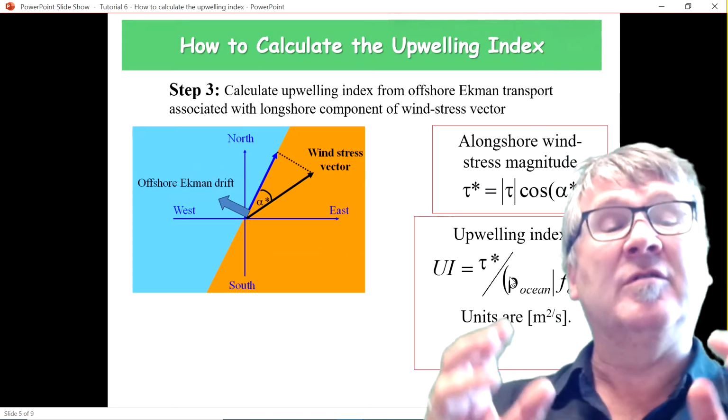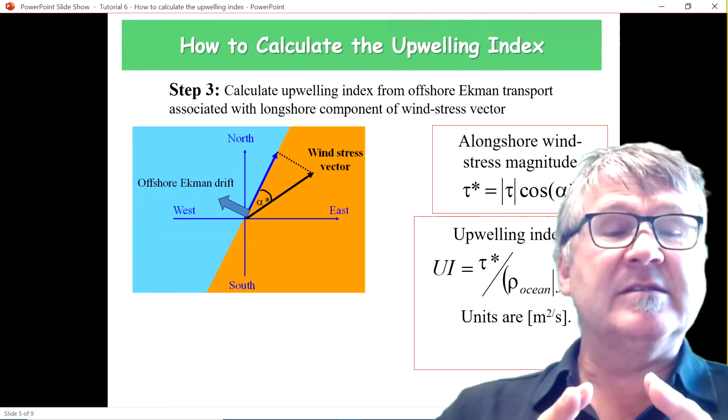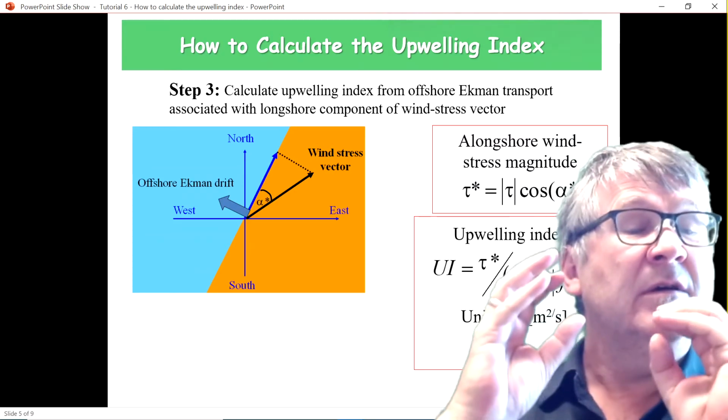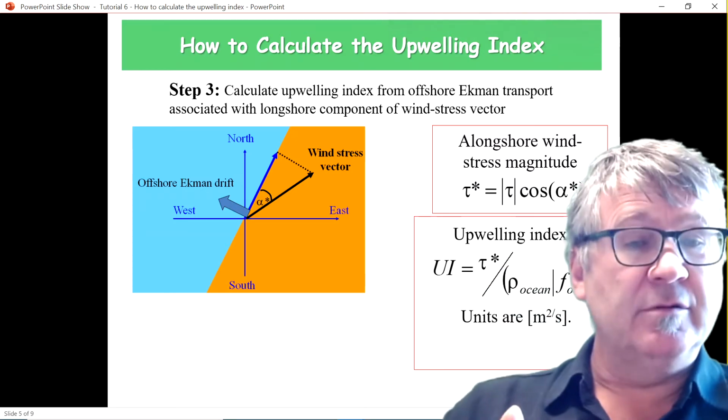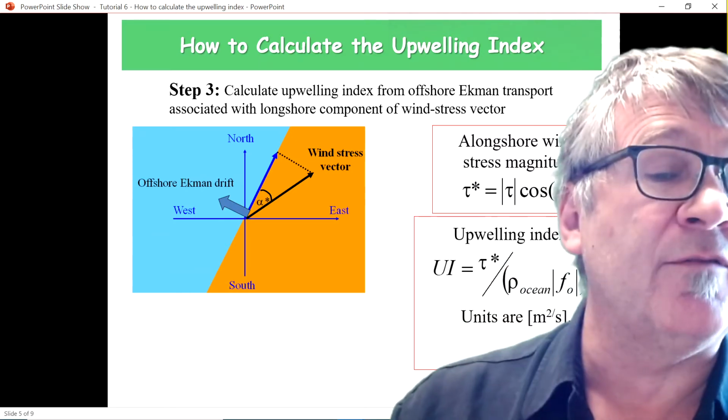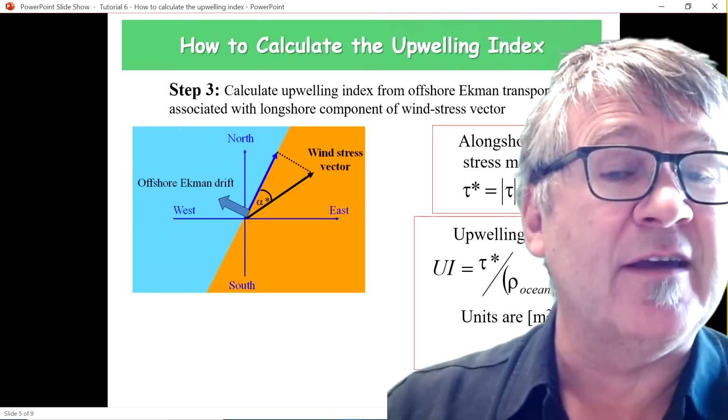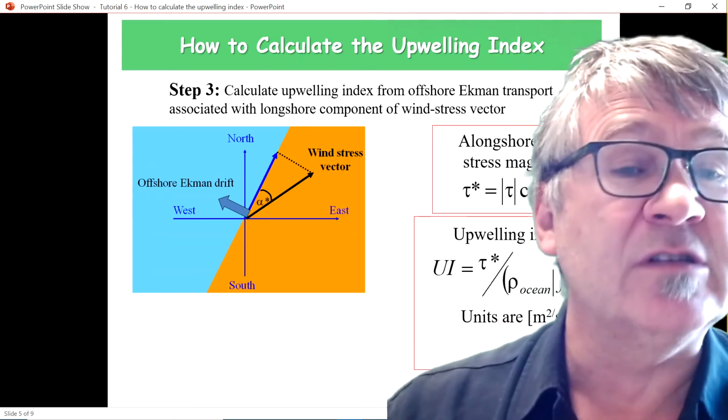So this is how you calculate the upwelling index. You need the wind stress magnitude and the relative angle between the wind stress vector and the coastline orientation.